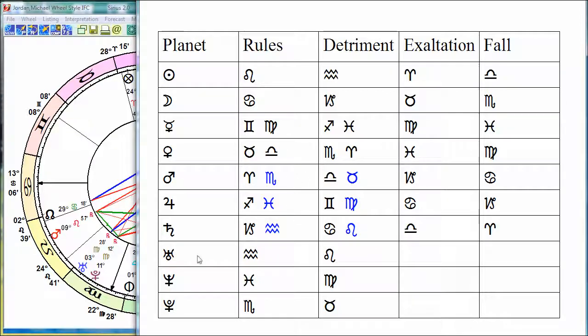But in modern astrology, some astrologers, not all, but some, take these three planets, Uranus, Neptune, and Pluto, which is, by astronomers, sometimes considered not to be a planet. Astrologers generally consider it to be a planet. And they've assigned Uranus to Aquarius, Neptune to Pisces, and Pluto to Scorpio.